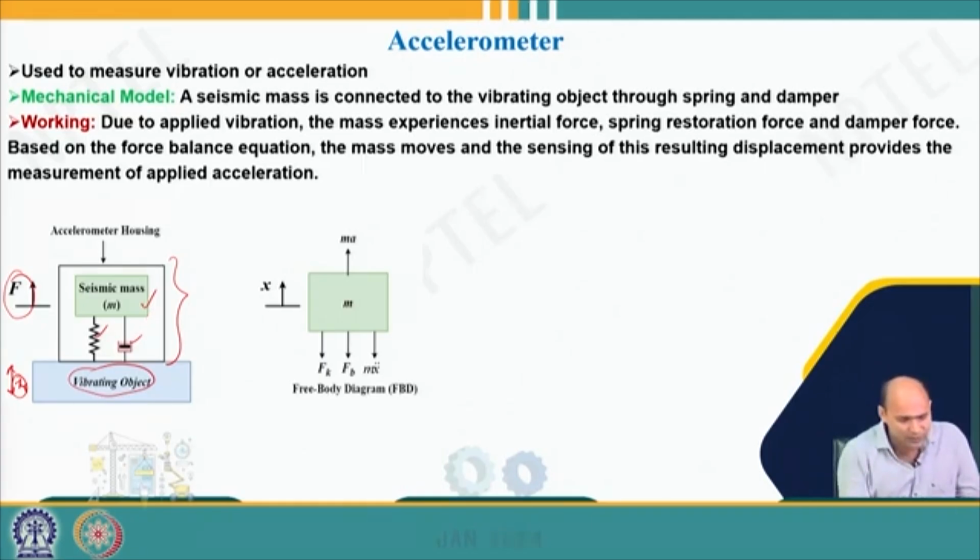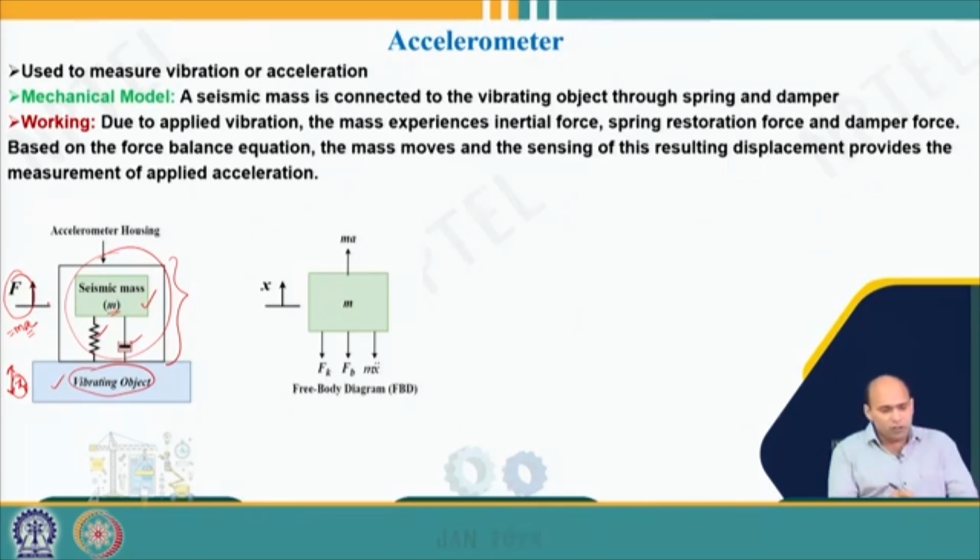F is the force coming from the vibrating object, and we can simply consider F equals mass times acceleration, where m is the mass and A is the applied acceleration input. Because of this acceleration A, we have the resulting force F, and because of that the mass-spring-damper system will exhibit some change in displacement.